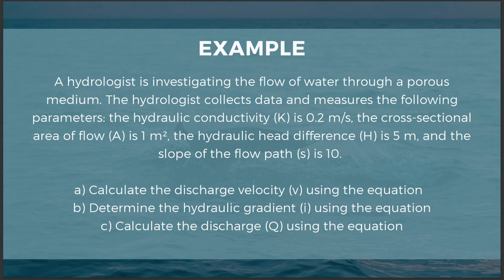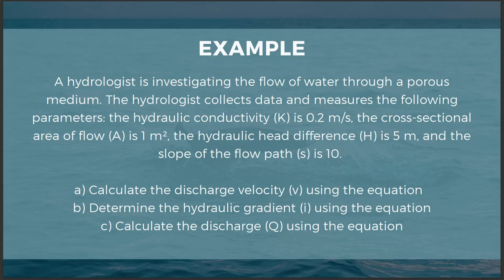Next is the hydraulic gradient. So, our I is delta H over delta S. So, that is 5 over 0.2. So, 5 over 0.2 is what? 10. And then, discharge, that is KIA.